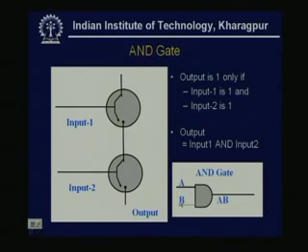If it is 2 inputs, that means if both the inputs are 1, then both the switches are connected and the output is 1. Now if any one of the switches is disconnected, then the output is 0.